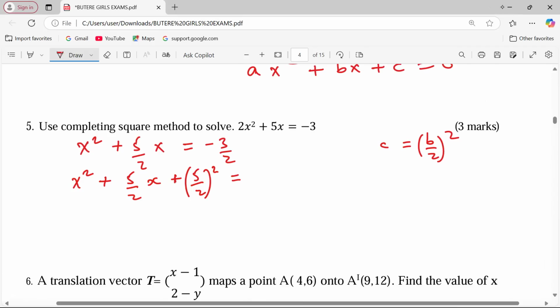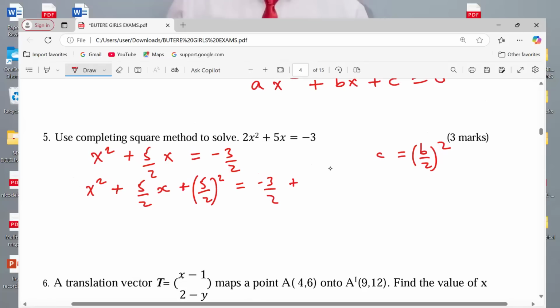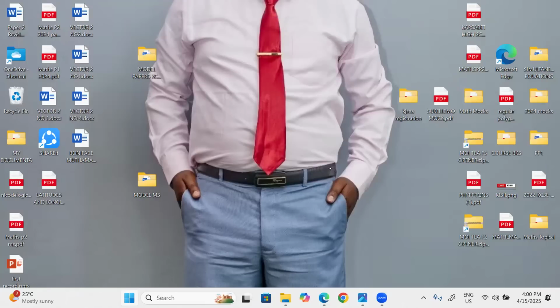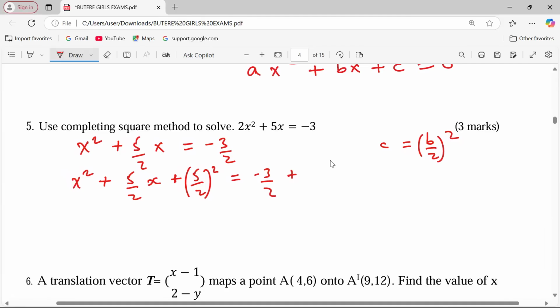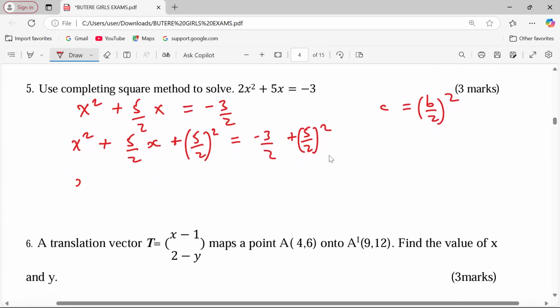Squared, this is equal to -3 over 2. Then we also add the same constant to the right-hand side. So this shall be x squared plus 5 over 2x plus 5 over 4 squared. I've talked about 5 over 4 because the constant should be divided by 2 first before squaring.